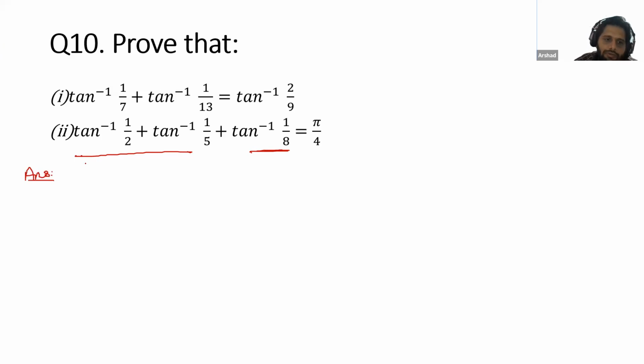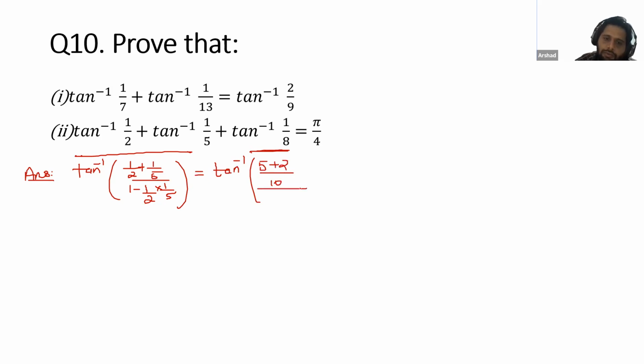Okay. First of all, we'll put the formula in the first and second parts. So you will get tan inverse of 1 by 2 plus 1 by 5 by 1 minus 1 by 2 into 1 by 5. Okay, LCM is 5, so 5 plus 2 by 10 over 10 minus 1 by 10. The tens cancel out, so you will get tan inverse 7 by 9.